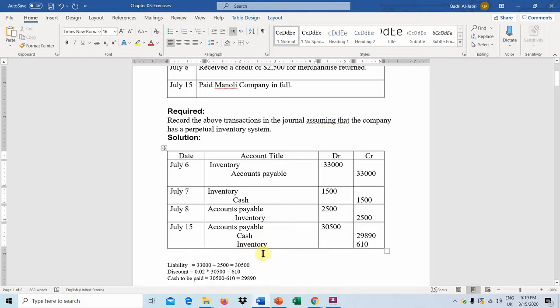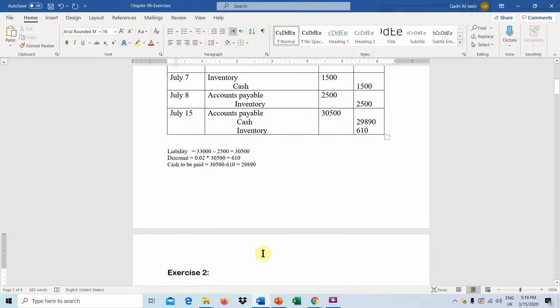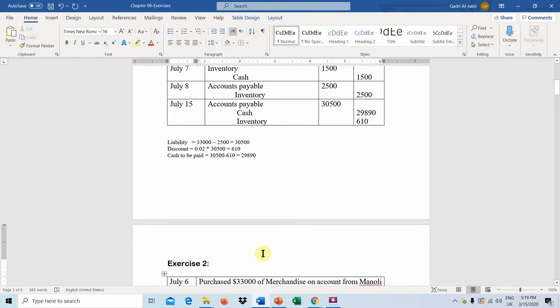This is what we call a perpetual inventory system, because it keeps an updated record of inventory and cost of goods sold, as we will see in exercise 2.